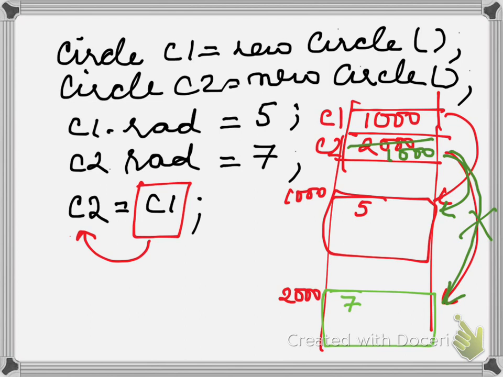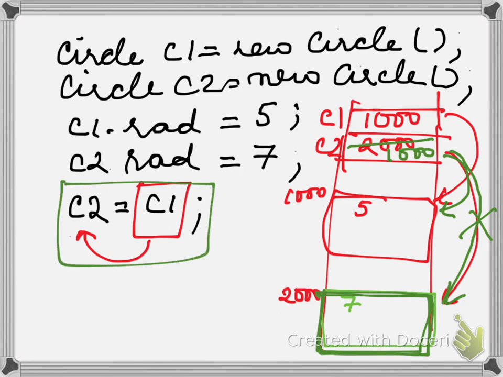Now if you look at this place, there is memory which was reserved for this object. The moment this assignment is made, the reference to this memory location is lost. This memory location will lose its reference.